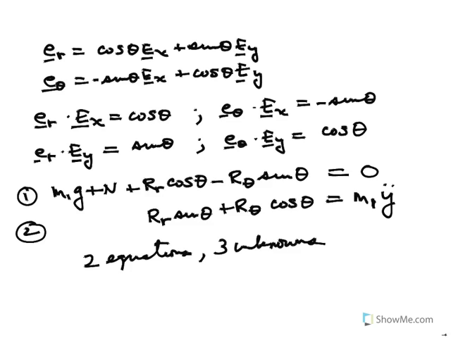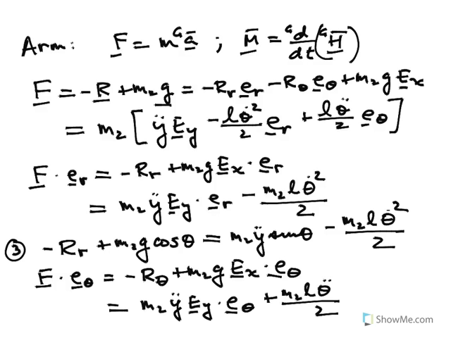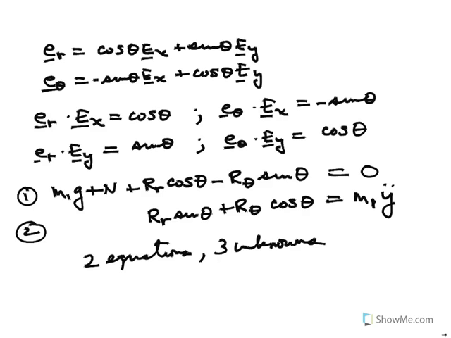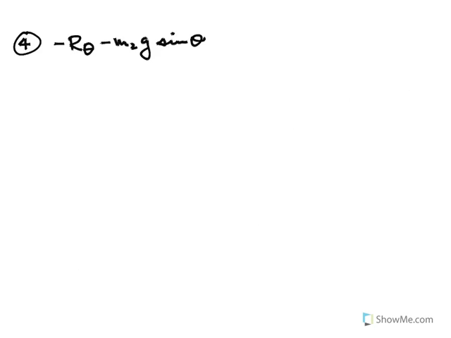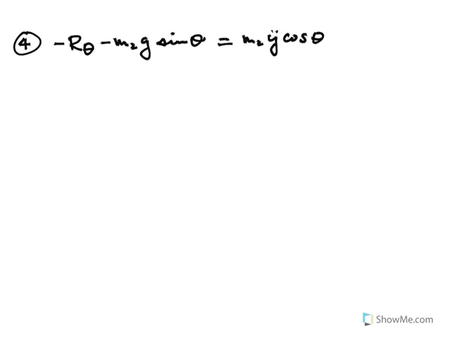So we take e_theta and e_x, we get minus the sine of theta. Okay. And then that has to equal m2 y double dot e_y dotted with e_theta. So if I take e_theta and dot it with e_y, I get cosine theta. So this equals m2 y double dot cosine of theta, and then I have plus m2 l theta double dot, all divided by 2. So that takes care of the two equations that come out of Euler's first law.